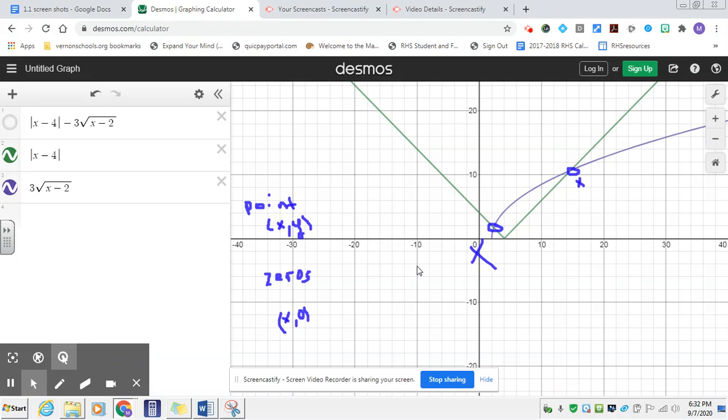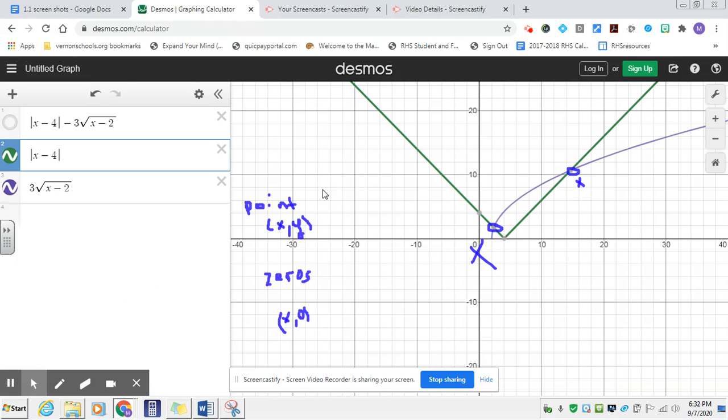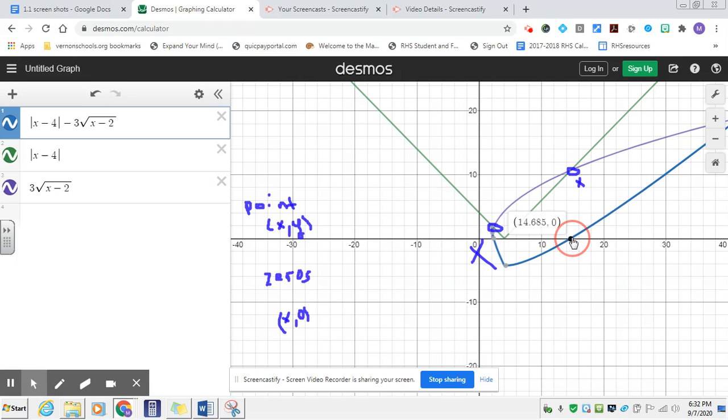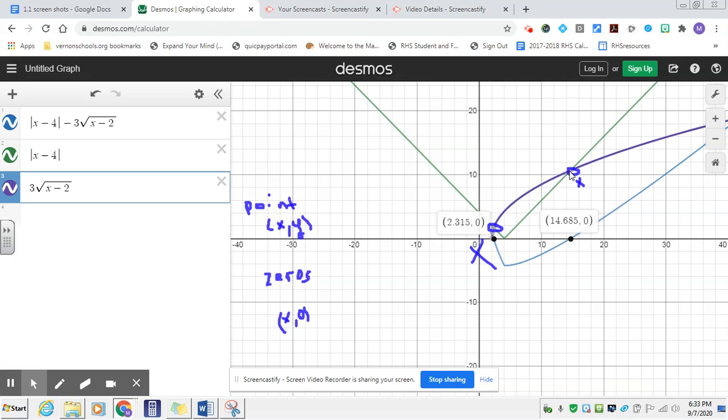We had the exact same pictures here, no matter which method, or if I even go back to here, you see I have all of the exact same points. They are all the same. And so those are important to realize.